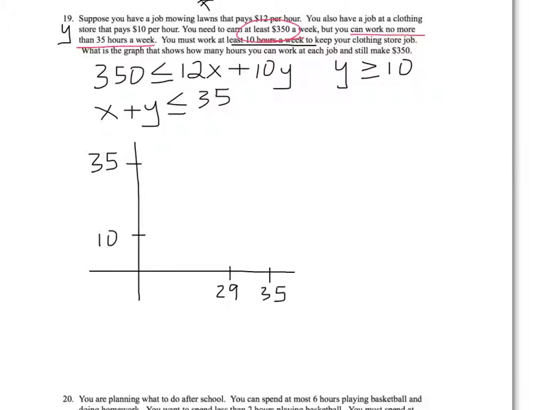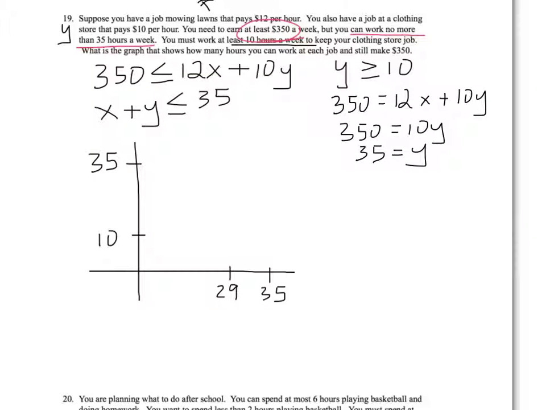Okay, let's go ahead and graph that first line. And I'm going to use the method I talked about before, plugging in 0 for X and 0 for Y. So first I'm going to plug in 0 for X to get the Y-intercept, and you'll see that the Y-intercept is 35.